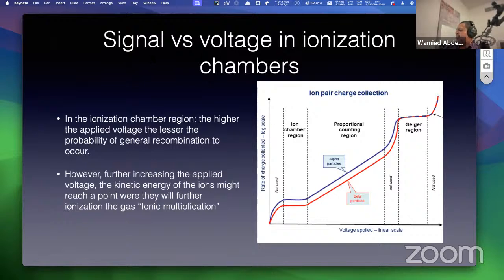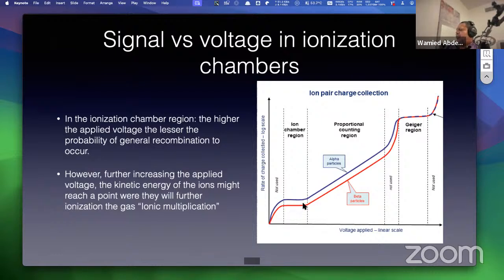So this is the plot of the signal versus voltage in ionization chambers. This region here usually is called the recombination region, and this is called the saturation region, where typically, when we do dosimetry and measure doses with a chamber, we operate the chamber at voltages in this region here.